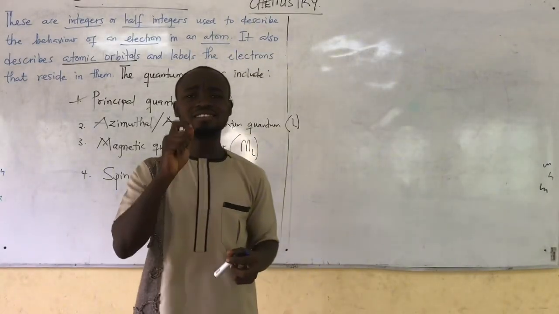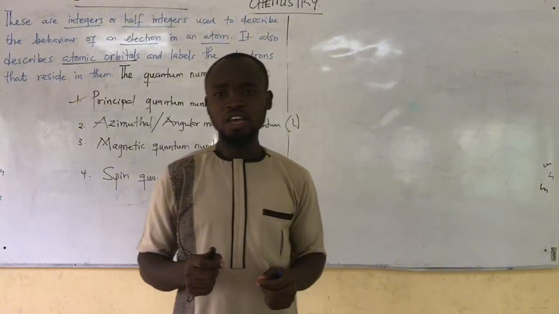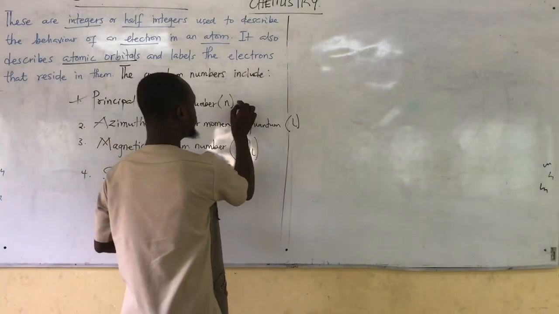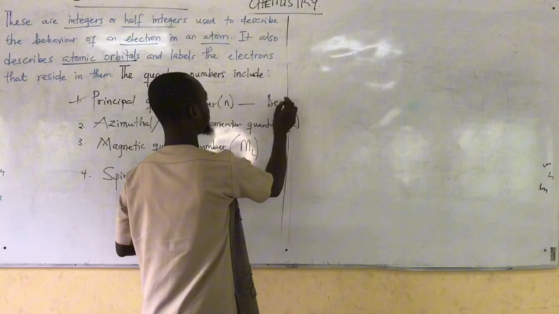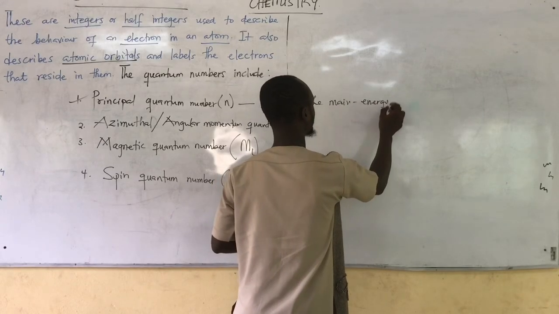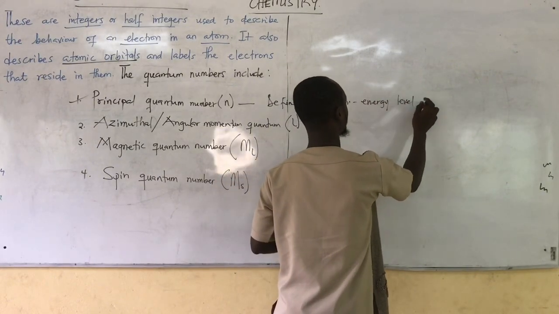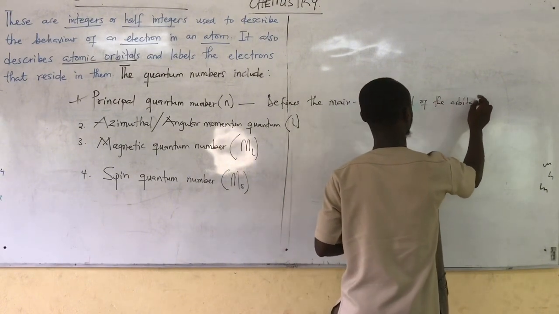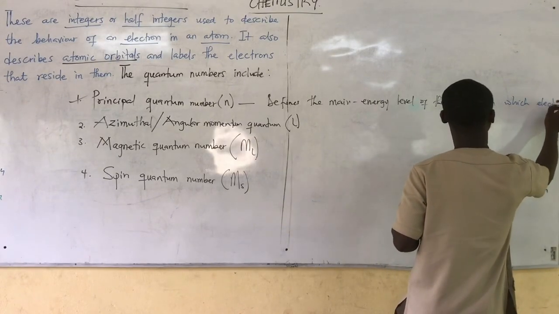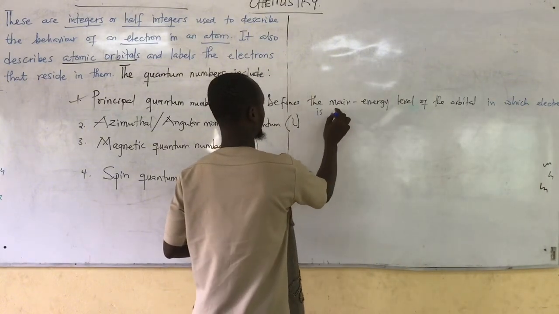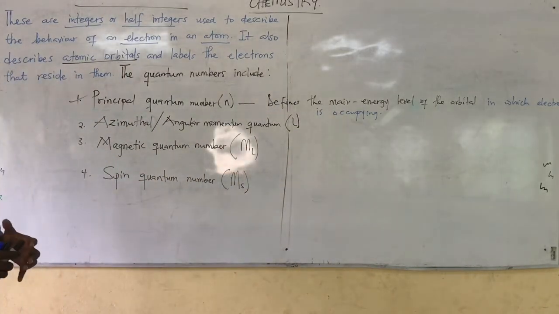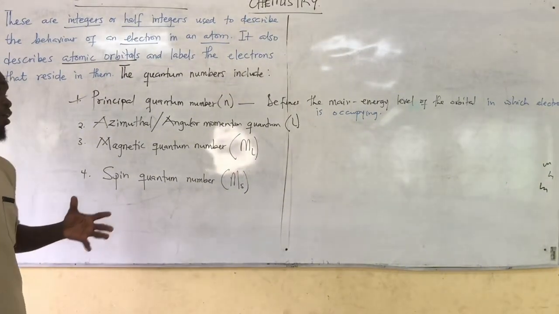The principal quantum number defines the main energy level of the orbital in which the electron is occupying. That is the principal quantum number.